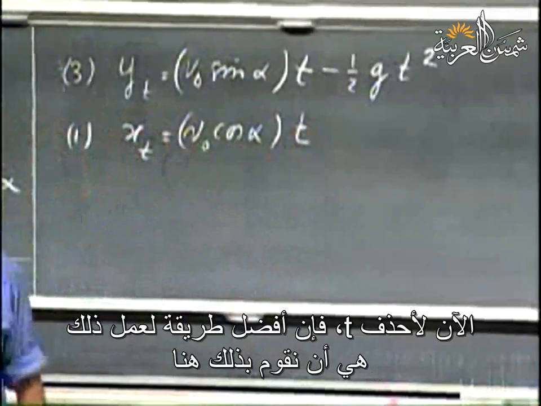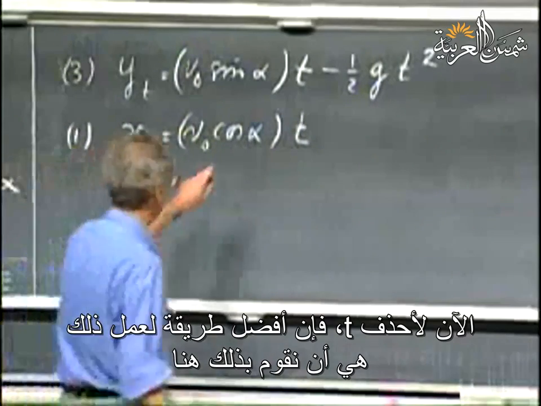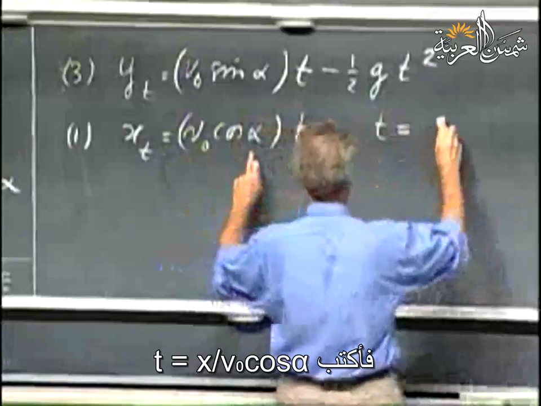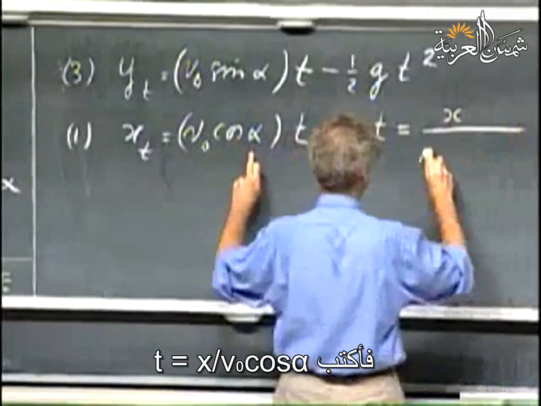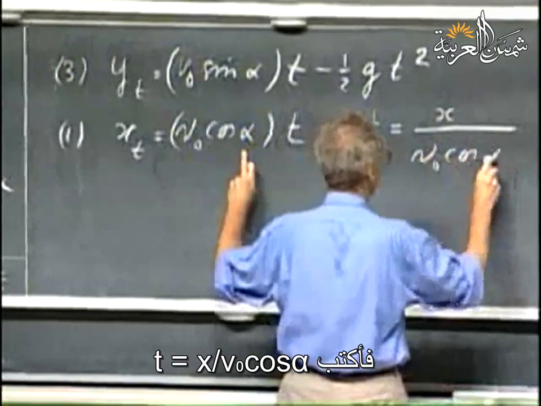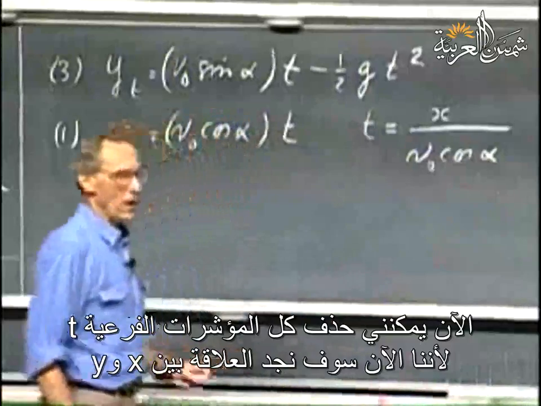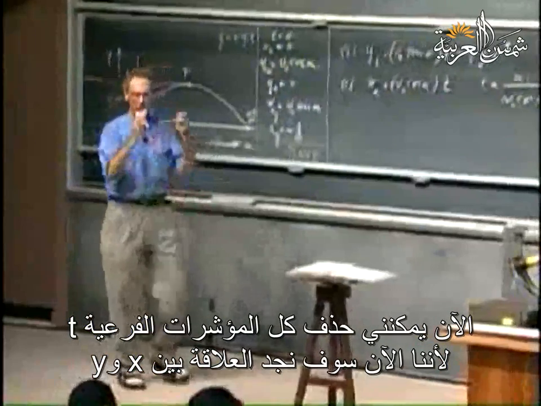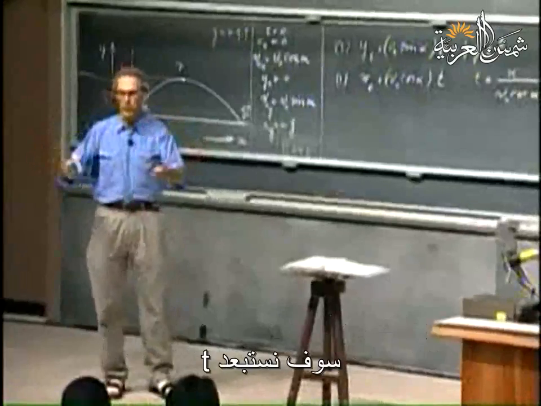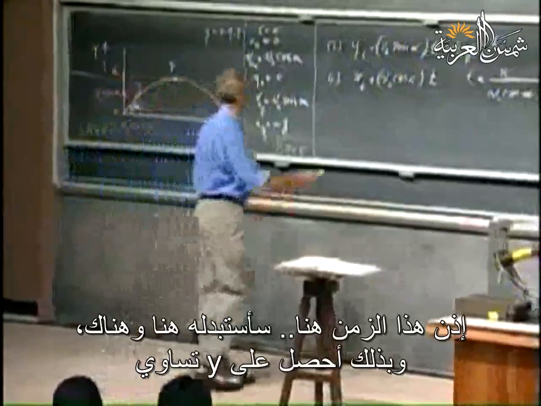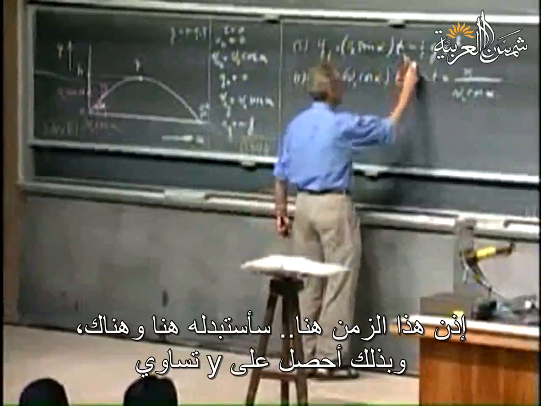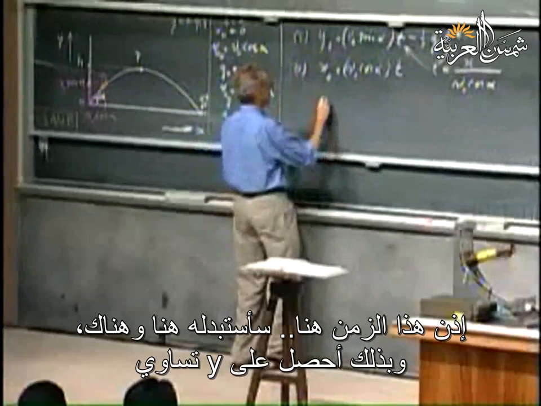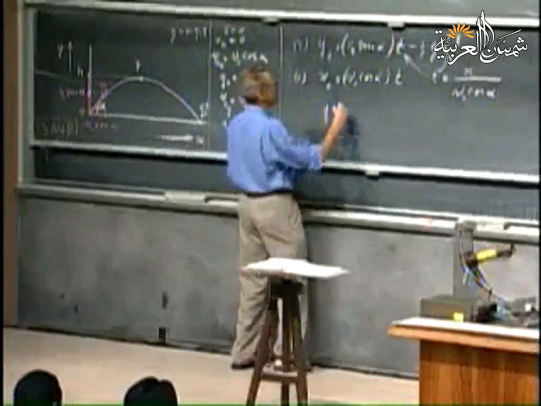Now I eliminate t, and the best way to do that is to write for t, x divided by v0 cosine alpha. Now I can drop all sub-indexes, because we're now going to see y versus x. We're going to eliminate t. So I'm going to substitute this time in here and in there, and so I'm going to get y equals.